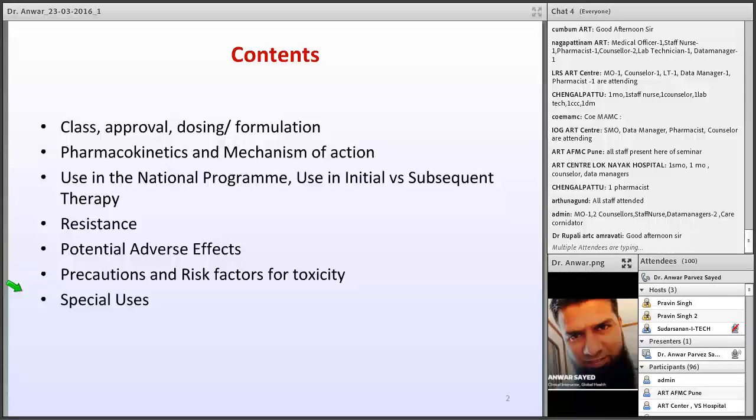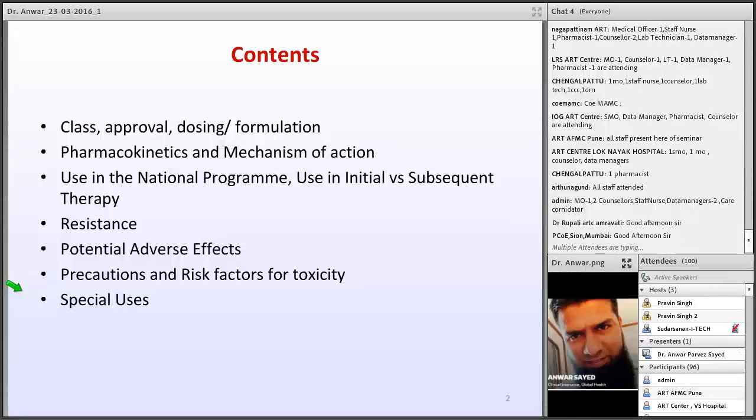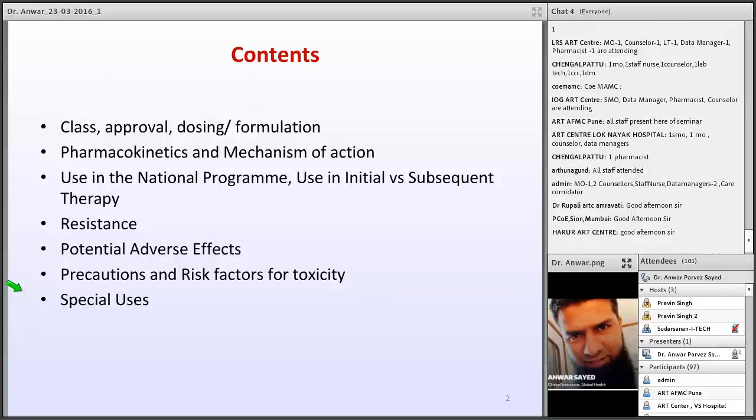We will be talking about nephrotoxicity in a few more details than others, and also the precautions and risk factors for the toxicity, and the other uses of tenofovir.